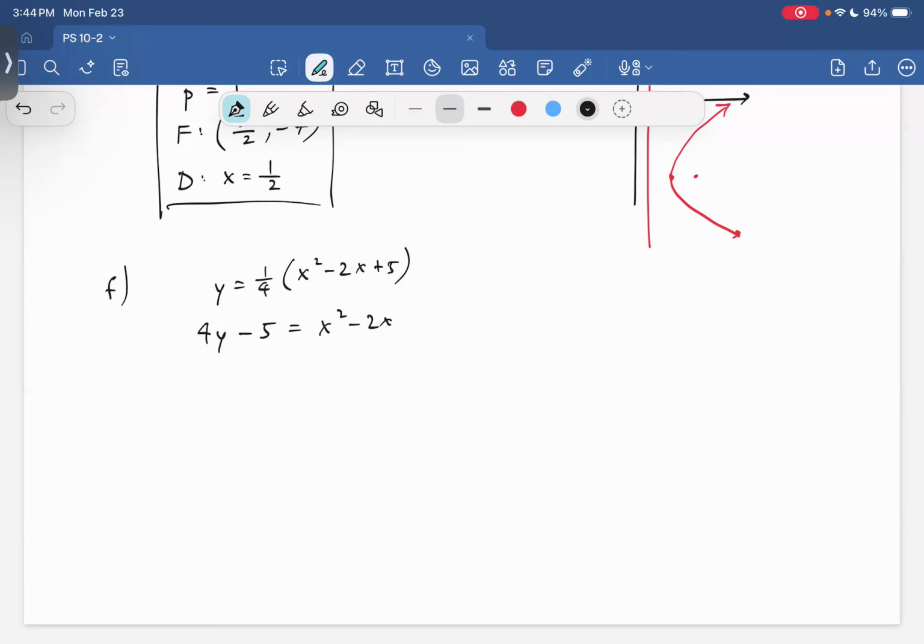So to complete the square, I add 1 on the right side. 4y minus 4 equals x squared minus 2x plus 1. That gives me 4 times y minus 1 equals x minus 1 squared. That's in standard form now. So this tells me that the vertex is 1 comma 1. P is equal to 1 because 4p is 4.